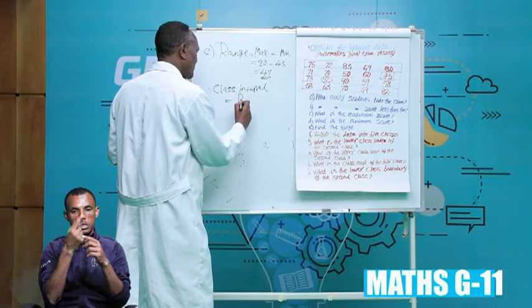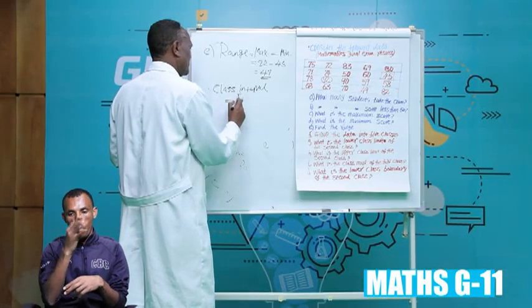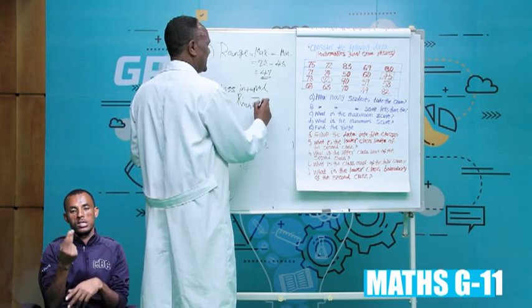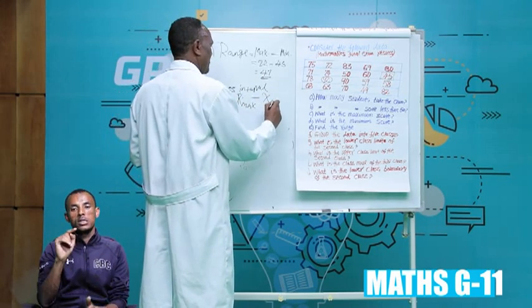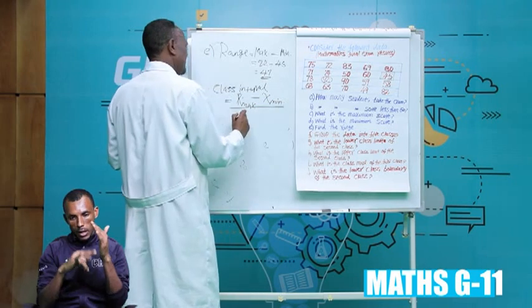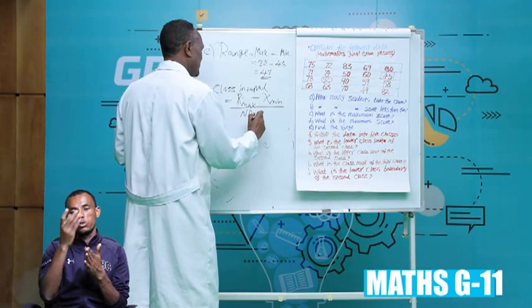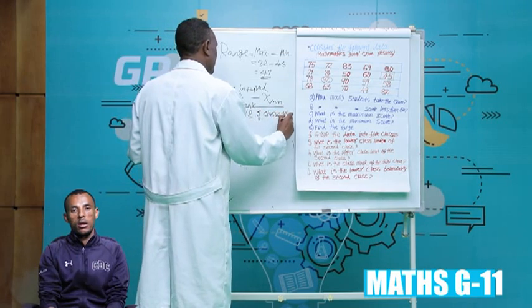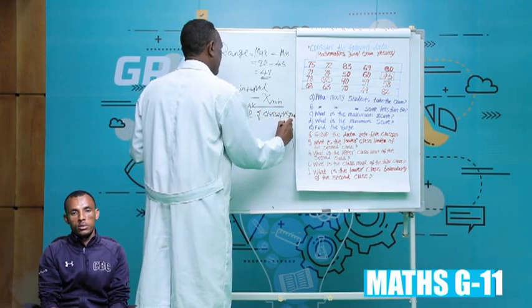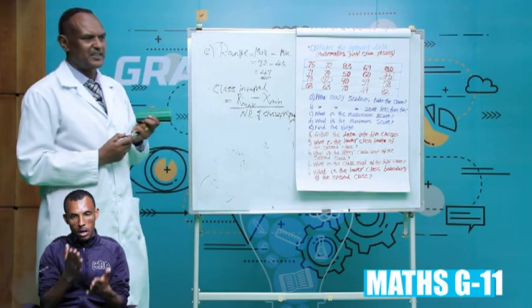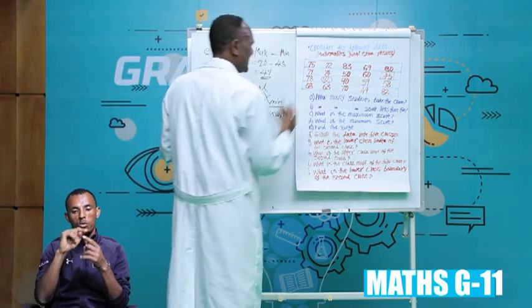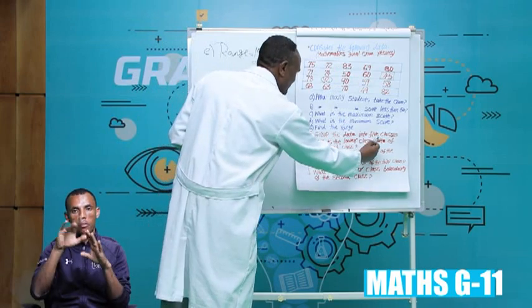It is the maximum value minus the minimum value, divided by the number of classes required. In this case, I want to divide these 20 data into 5 classes.